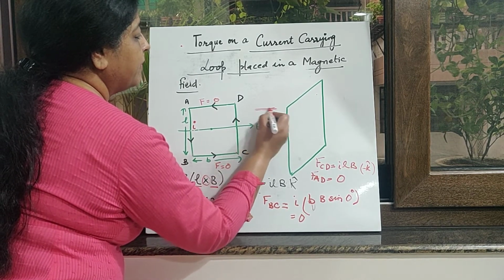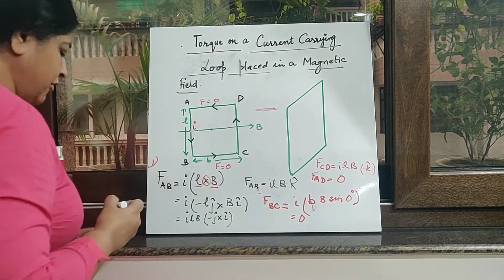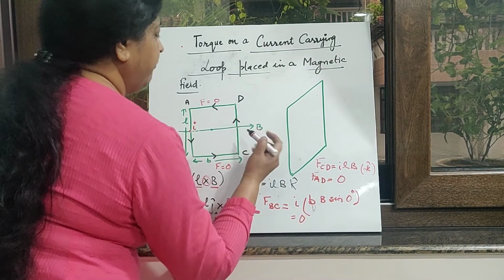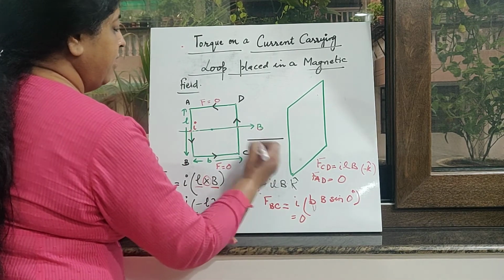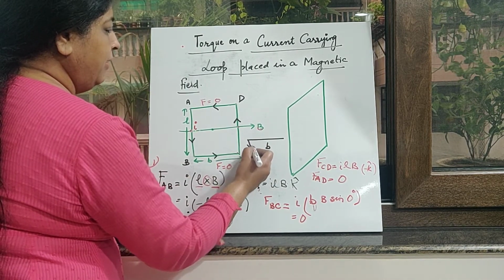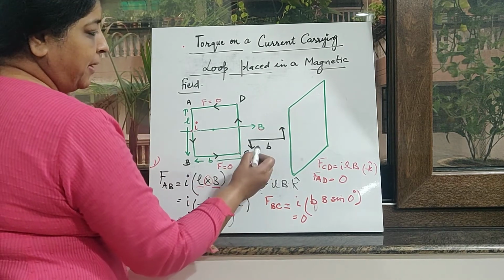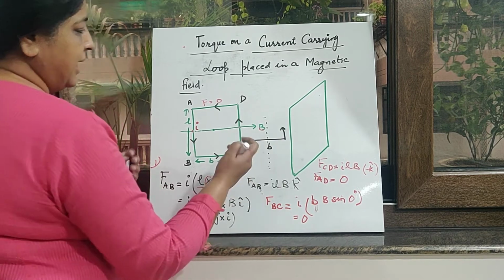This is the distance from this point to this point. I will show it again with a different color. So this is B. One of the force is outward and the other is into the plane of the board. So what will happen? The coil would want to rotate about this axis.